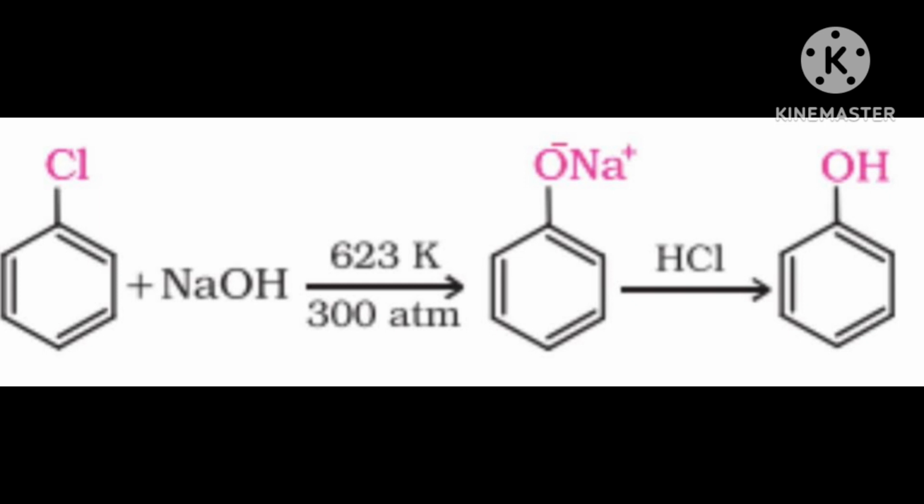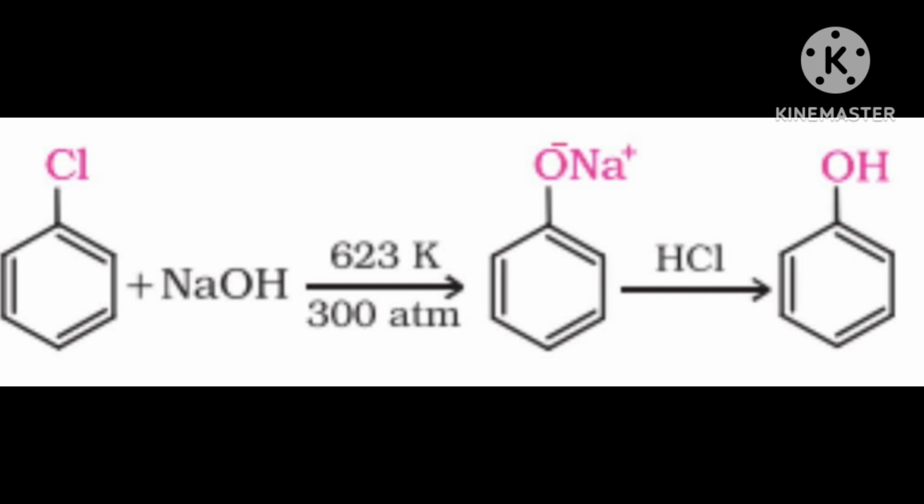It will give HSO4 and HSO3. H2S2O7 divides into two parts. One part will be HSO4, another part will be HSO3. Correct?